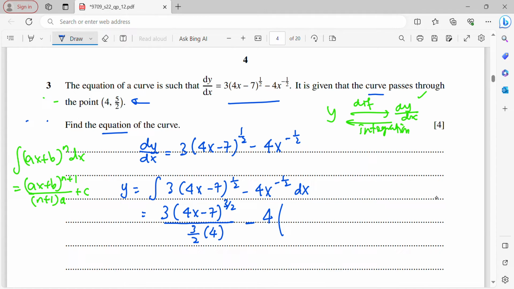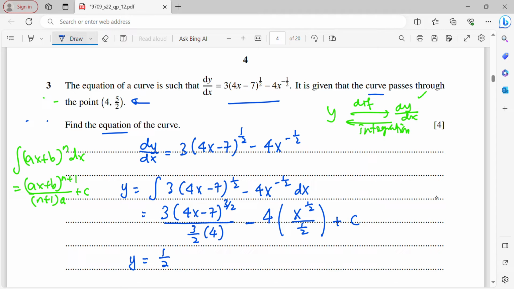So now when you integrate, x to the power of negative half plus 1 is half, then divided by half. After that, plus c. So from here, when you simplify, your y is going to be half.